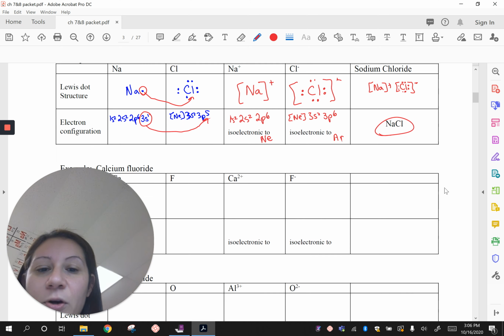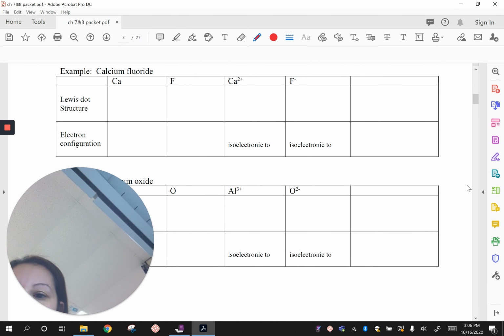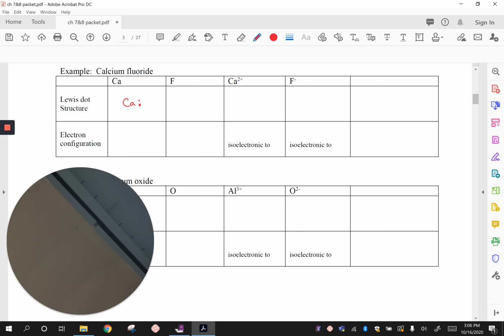Okay, let's look at a different one. Calcium fluoride. So calcium has 2 valence electrons, so it looks like this. And the electron configuration for calcium is argon.